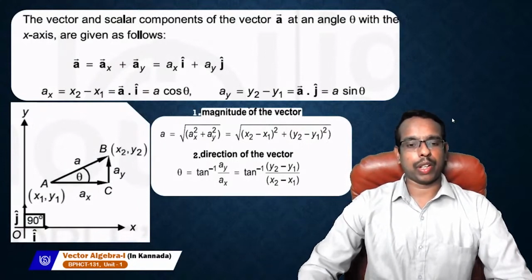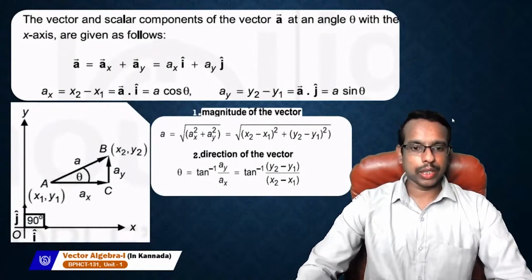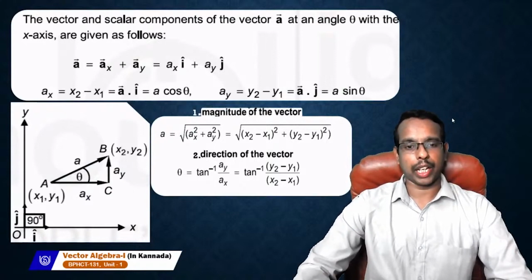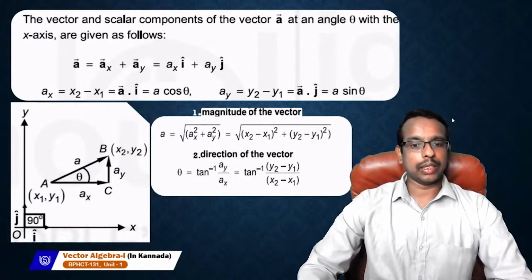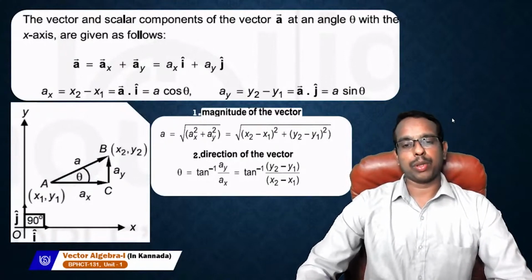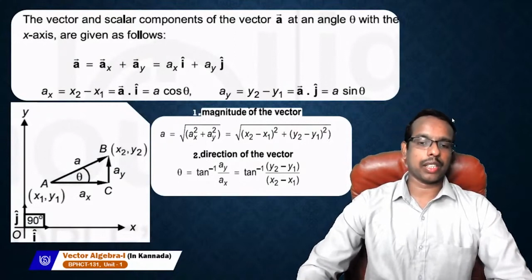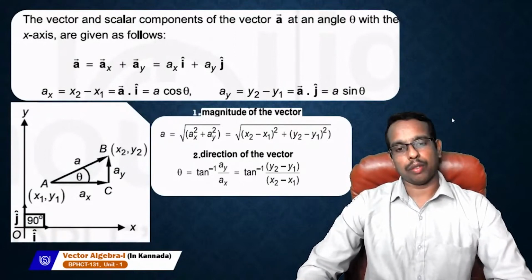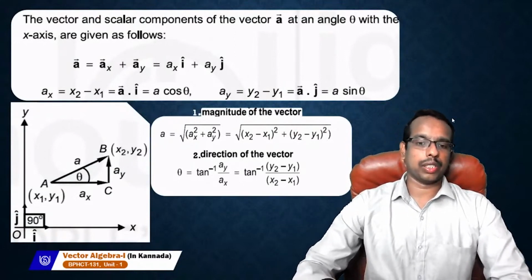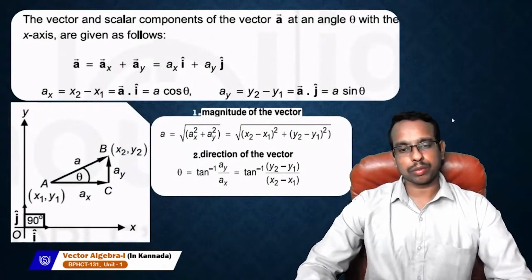If a vector starts from the initial position, that is the origin, to some point in the plane, then that will be the length or the line of sight or the distance from the initial position to the final position. So consider the initial and final positions as x1 and x2 on the x-axis, and y1 and y2 on the y-axis.